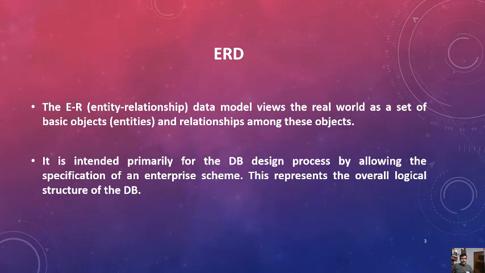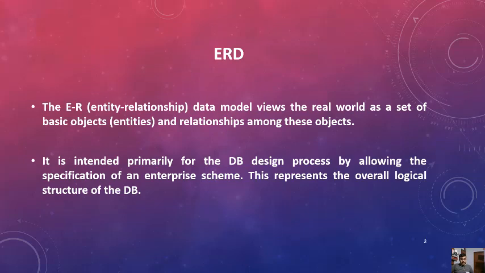Okay. So first, the ER diagram. ER means entity relationship data model. It views the real world as a set of basic objects, called entities, and relationships among those objects. In the SRS, the user requirements were written in English-like language, and now we are modeling those requirements into a structural form, called the ER diagram, using some graphical notation.